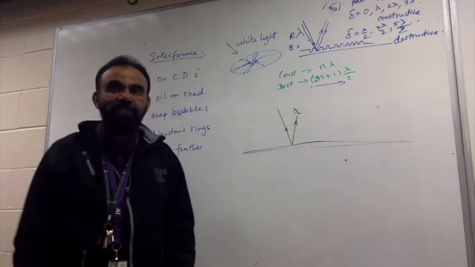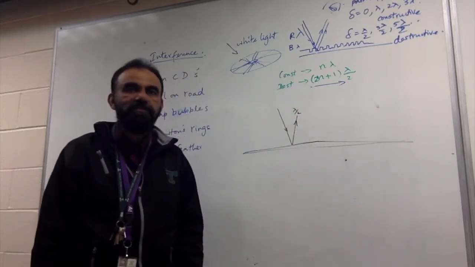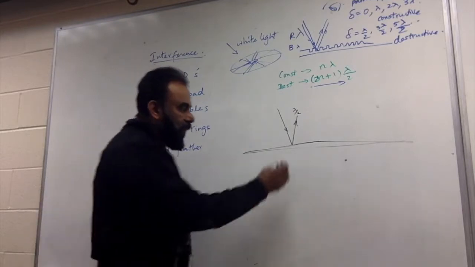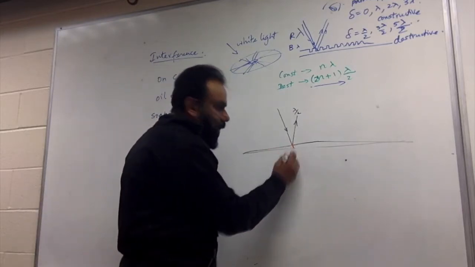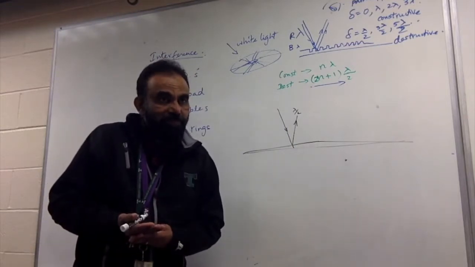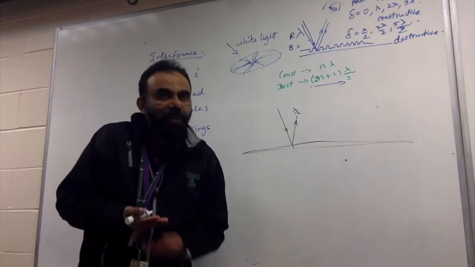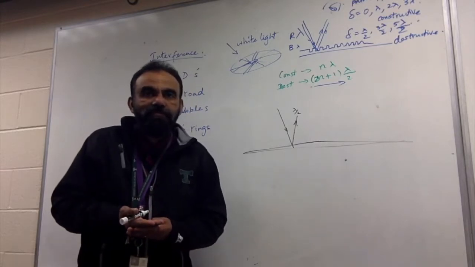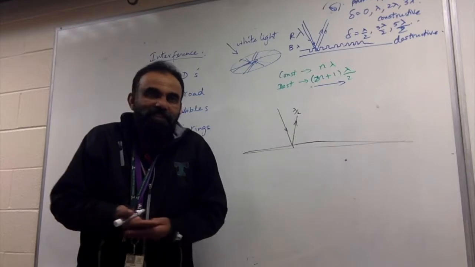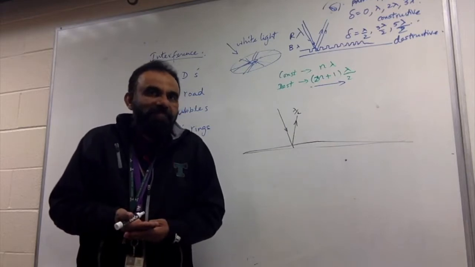It's already creating a path difference. Its phase is changed by pi. What happens to the other one? The other one goes in to the bottom of the oil. And what's below that oil? The gravel, but before that is air. So it's basically trapping a layer of air between, right?